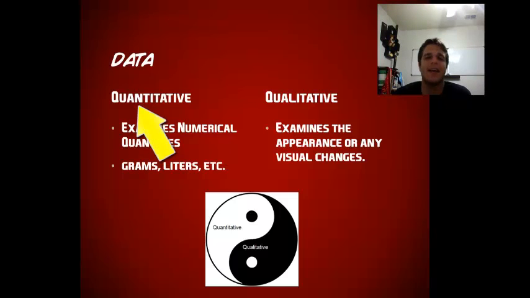So quantitative data has numbers, deals with things like grams, liters, time, temperature, things like that. Qualitative data examines the appearance or any type of visual change, something that you can see that changes or notice along those lines, all right?